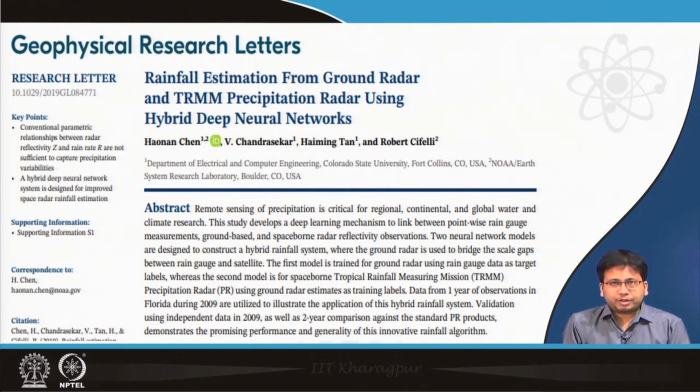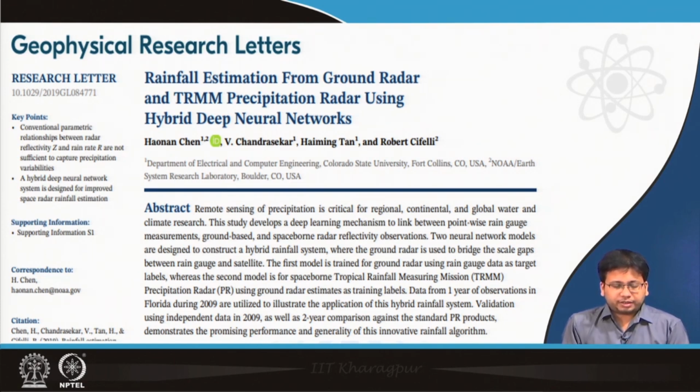By scale gaps, we are talking about the spatial resolution, etc., which we just mentioned. The first model is trained for ground radar using rain gauge data as target labels, whereas the second model is for the spaceborne Tropical Rainfall Measuring Mission or TRMM precipitation radar using ground radar estimates as training labels. Data from 1 year of observations in Florida during 2009 are utilized to illustrate the application of this hybrid rainfall system.